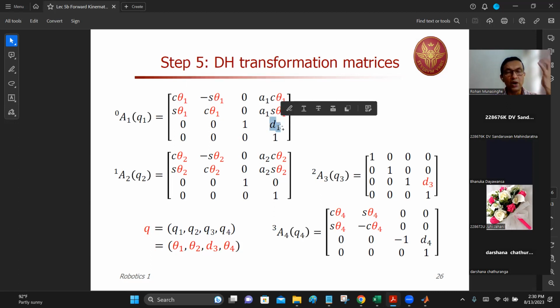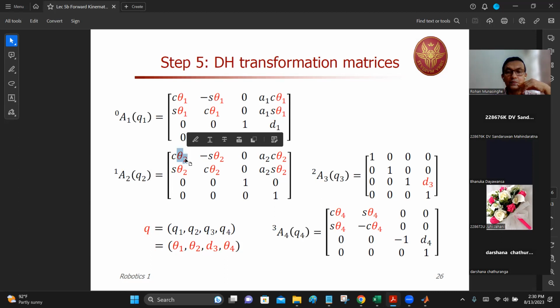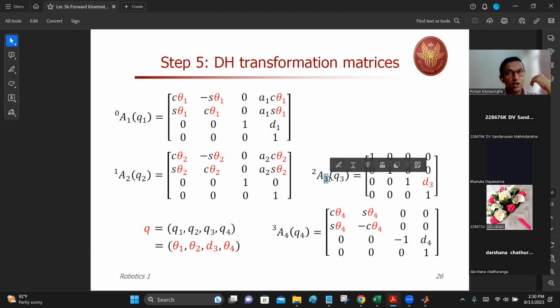Like, say, for example, d1 is fixed. And 1 to 2 is the homogeneous transformation matrix of frame 2 with respect to frame 1. There, the variable is theta 2, the second joint angle. Third joint is a prismatic joint. So the variable is d3. There's no rotation of that frame with respect to the previous frame, but there's only vertical motion. So therefore, it is very simple like that.